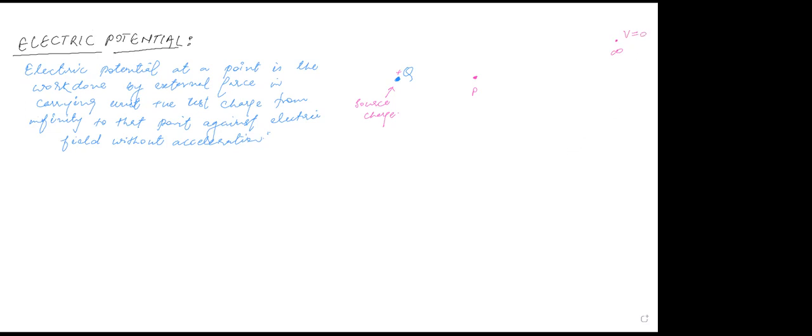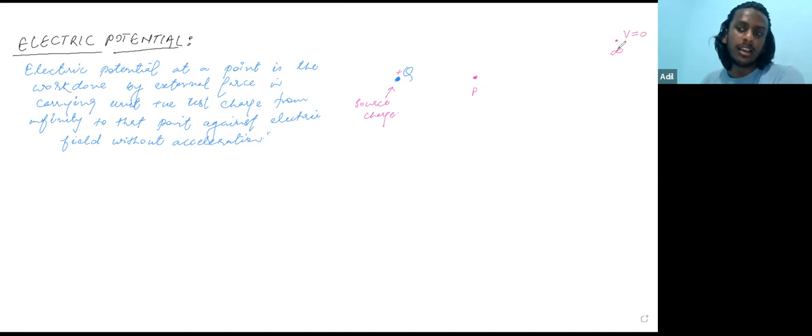Because if the potential at infinity is 0, then when you transport a charged particle from infinity to the point P inside the field, I mean a test charge particle, can you tell me what will be the force acting upon this charged particle?